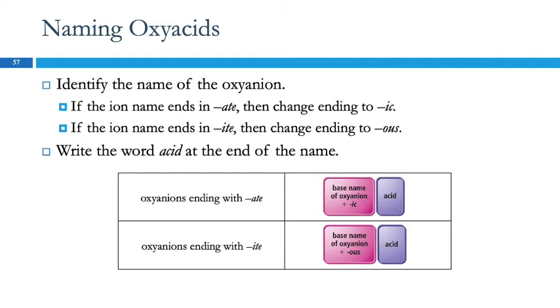Oxy acids. So oxy acids contain oxyanions. If you look at the formula of an oxy acid and you stick your finger over the H, there's an oxy acid. It starts with an H. That means it's an acid. It's got oxygen in it, so it's an oxy acid.